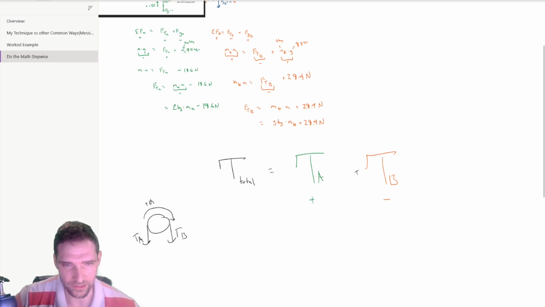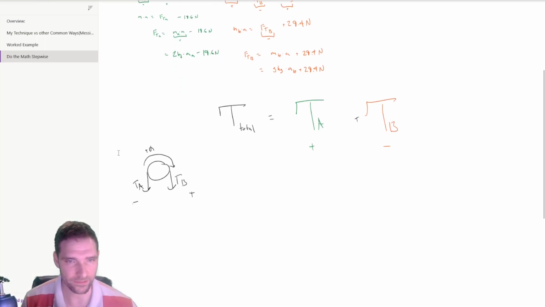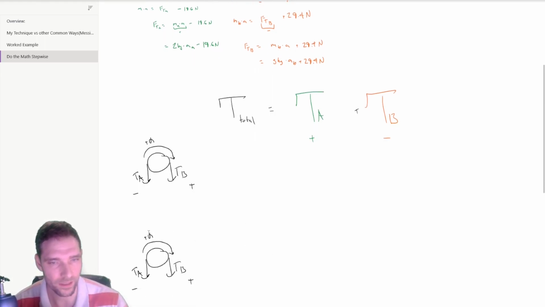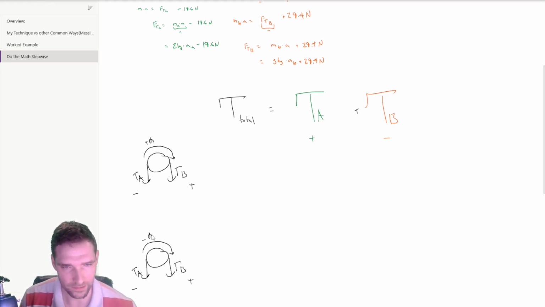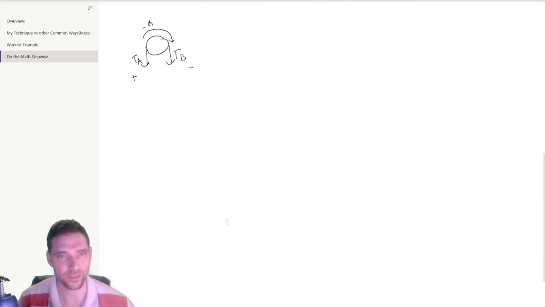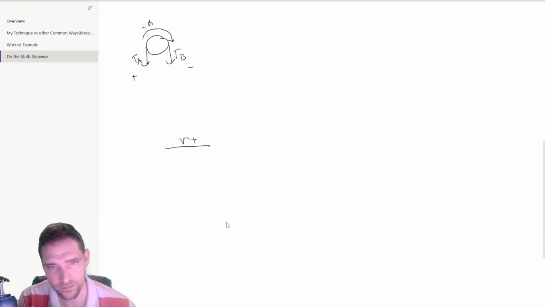I think we could consider that positive here, and if that was the case, this would be positive, that would be negative. So it's actually the opposite. It's the standard way that we're looking at this problem, where this is going to be a negative value, and this is a positive, and that's going to be a negative value. Going with the convention of a positive radius and a negative force give you a negative torque.